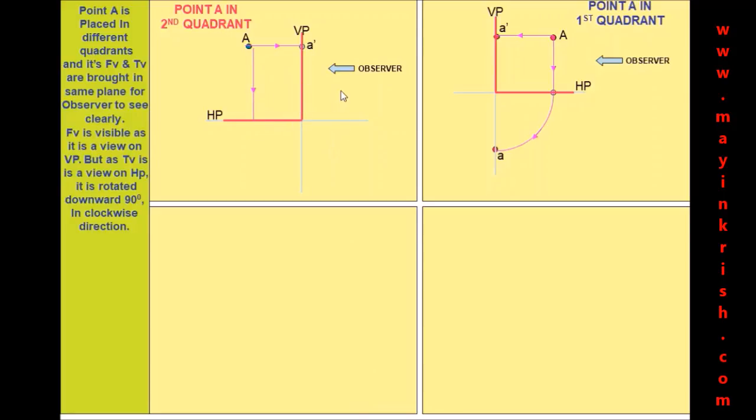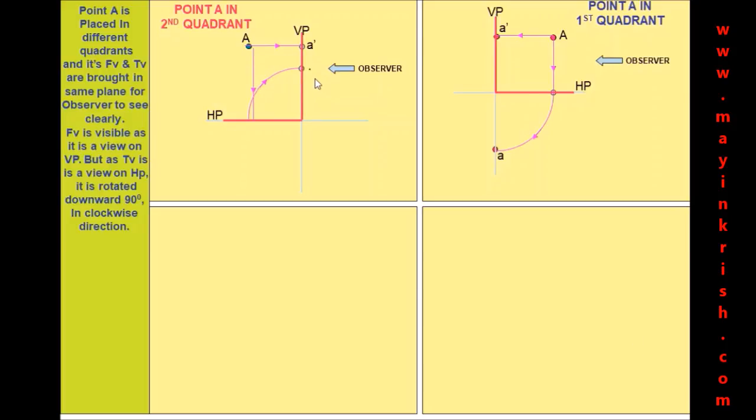As the observer is in the first quadrant, whatever conditions are satisfied in the first quadrant have to be applicable for each and every quadrant. That is, in the second quadrant too, the horizontal plane has to be rotated in a clockwise direction through 90 degrees, and finally it has to become a single plane.